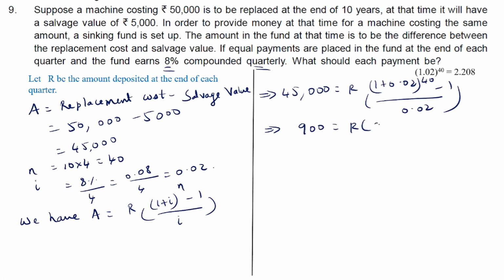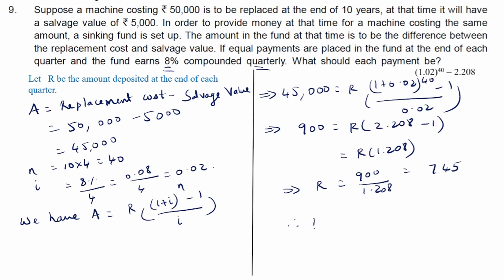It is 2.208 minus 1. This is R into 1.208. So from this we get R as 900 upon 1.208. When we simplify, we get it as approximately 745. Therefore, R is equal to rupees 745. So this is the size of each payment. A sum of rupees 745 should be deposited at the end of each quarter so that the sinking fund will have an accumulated sum of rupees 45,000.